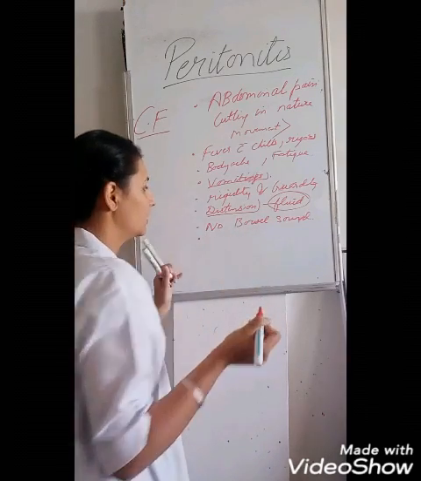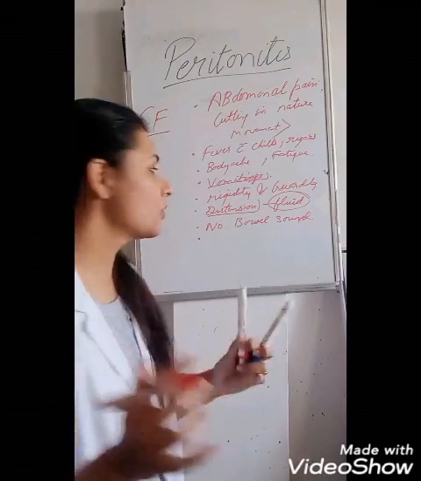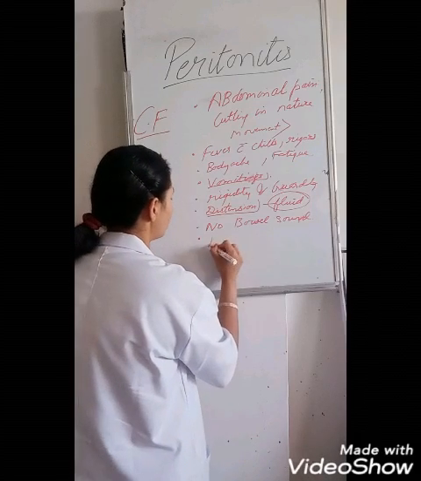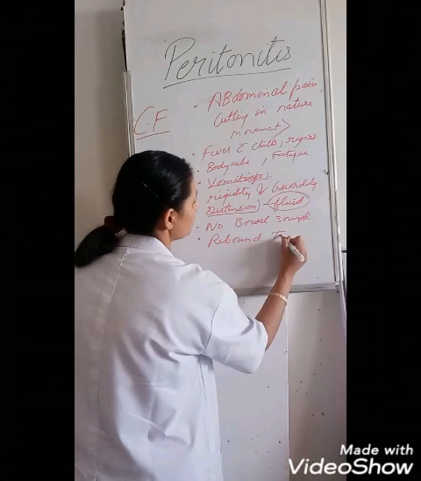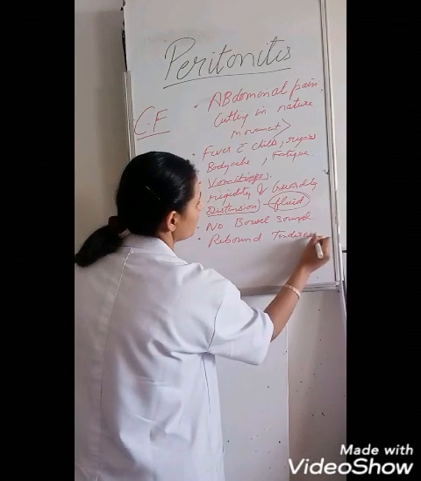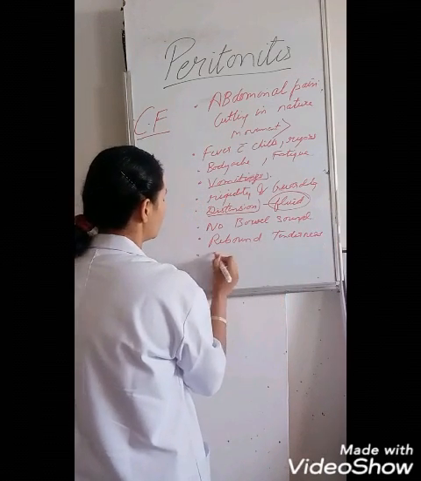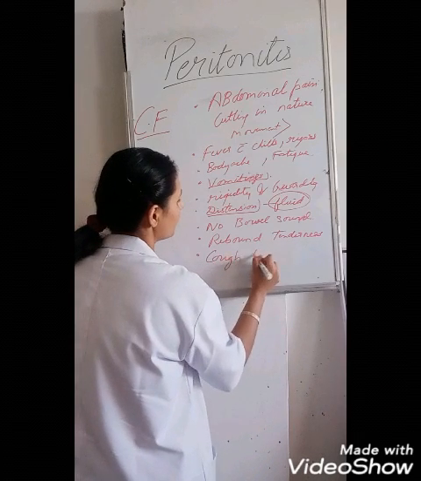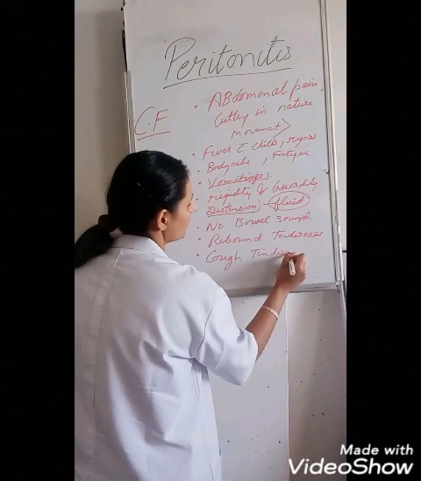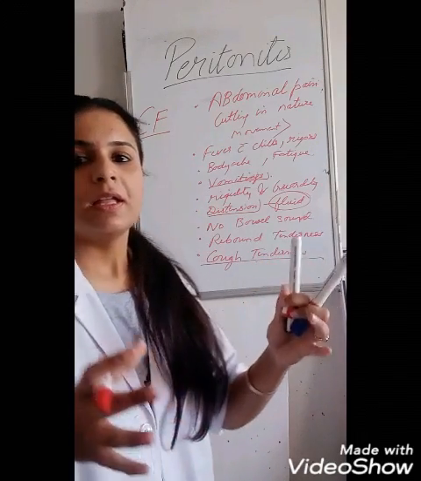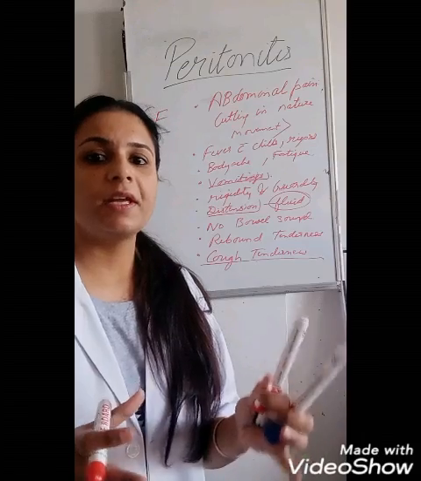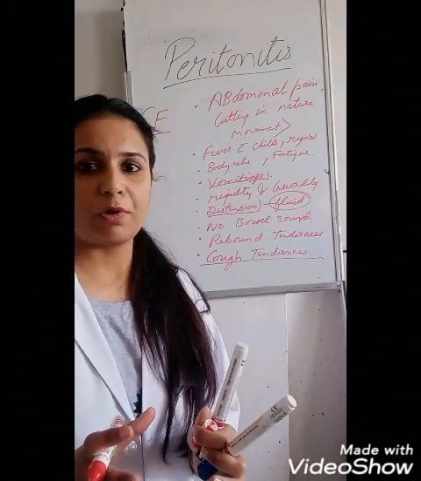Then the two signs you have to remember: rebound tenderness and cough tenderness. Now what happens in this? In cough tenderness, the pain will be elicited in all the quadrants of the abdomen.